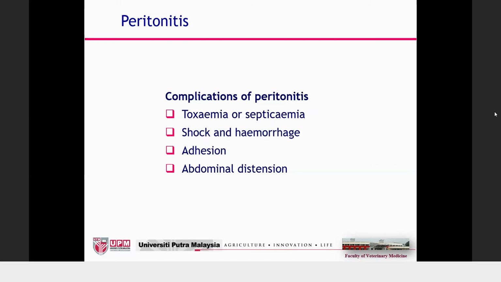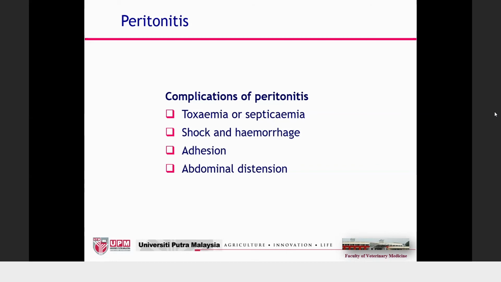As I mentioned earlier, peritonitis could also lead to abdominal distension, and when you refer to cause of death, it is almost the same mechanism as we see in cases of tympany or bloat.